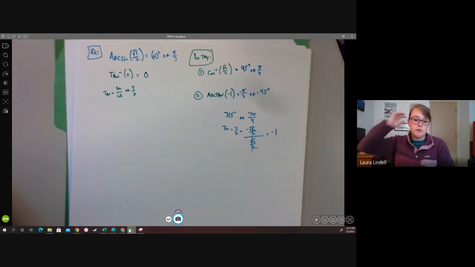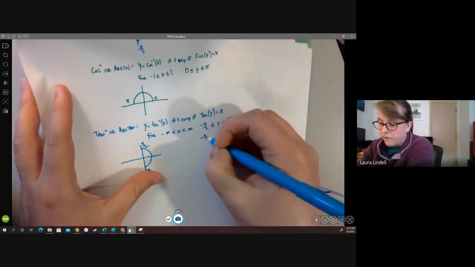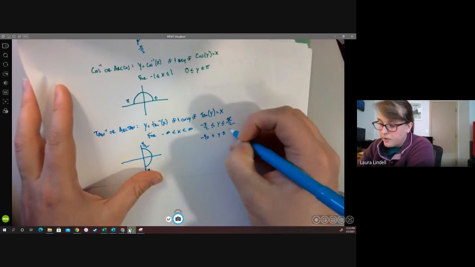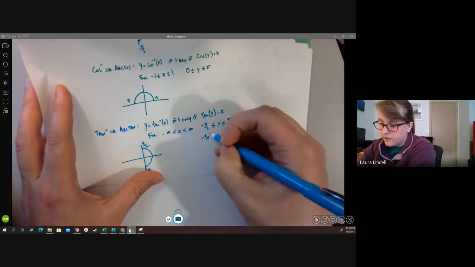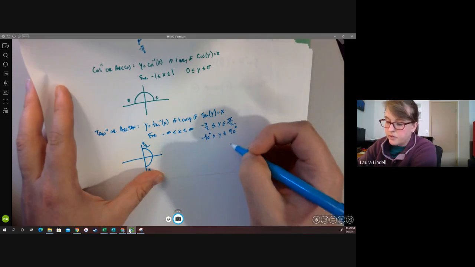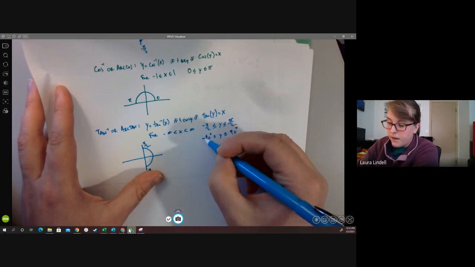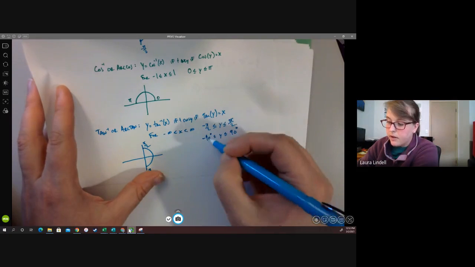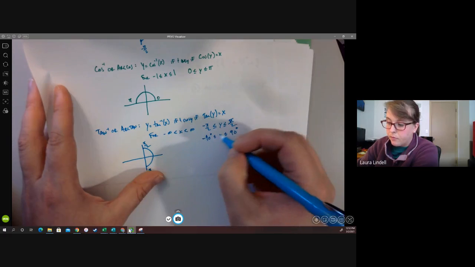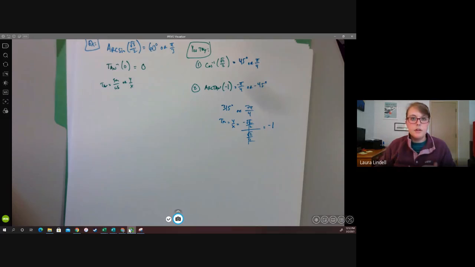Yeah, so if you're talking about degrees instead of radians, this same range of values would be from negative 90 to positive 90 degrees. So the maximum angle you would want to spit out for arctan is 90. The minimum angle you would want to spit out is negative 90. So you would want to fit it within that range of values there. Good.